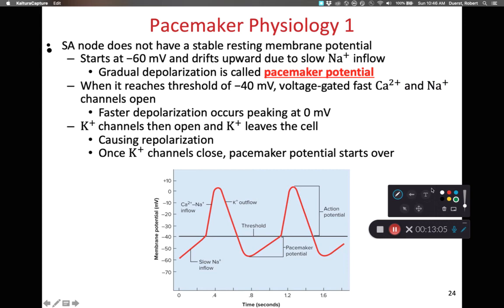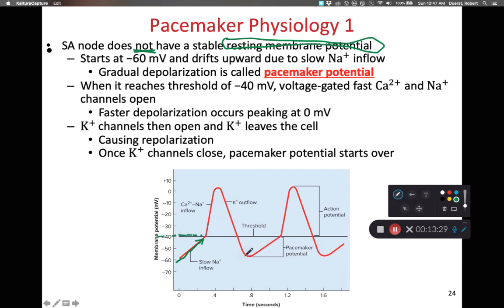As we look at the pacemaker cells of the heart, that SA node doesn't have a stable resting membrane potential. And this is very key to the function of this structure. Because the resting membrane potential is not stable, there's going to be sodium ions slowly rushing in and raising the voltage of the inside of the cell to threshold.